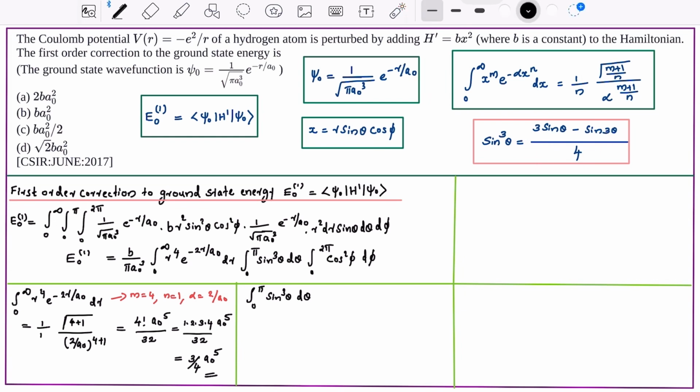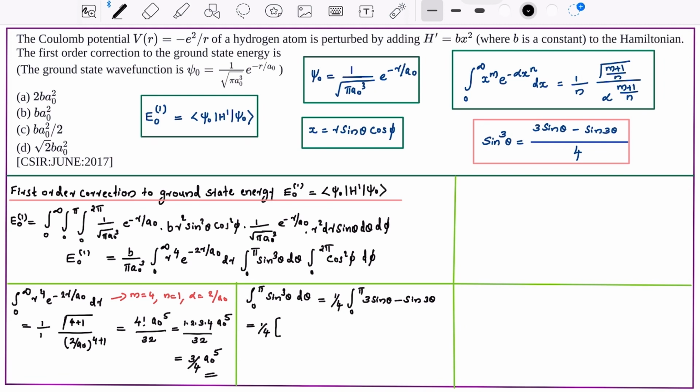Now let us evaluate the integral 0 to pi of sin cube theta d theta. So use the standard value for sin cube theta, that is 1 by 4 (3 sin theta minus sin 3 theta). Therefore the integration becomes 1 by 4 integral 0 to pi of (3 sin theta minus sin 3 theta).